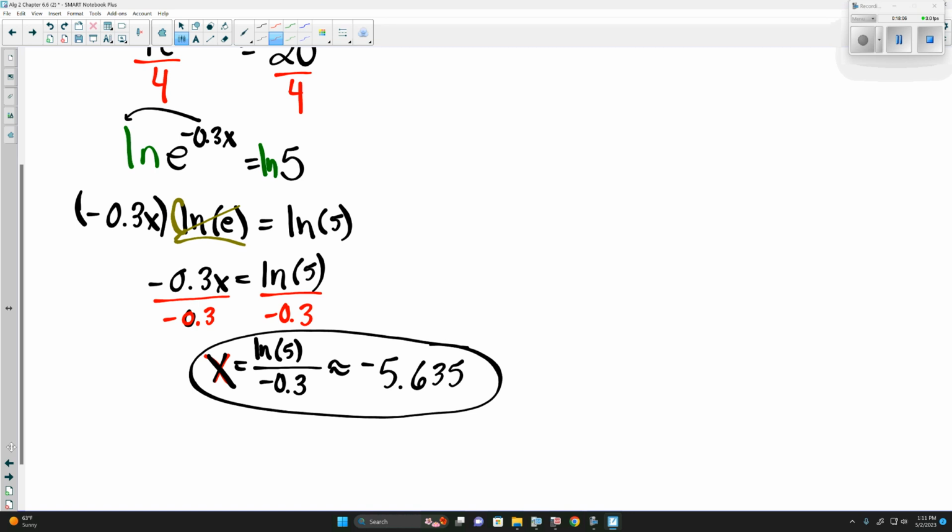You can write x equals negative 5.635. It's not going to specifically state to round to the first 3 decimal places, but it's going to want you to round to the first 3 decimal places. Go out 3 decimal places, and that's your answer. On the test, for sure, I will look at your answer rounded to 3 decimal places first, and if this is off, I will look back at this to see if you got this right.